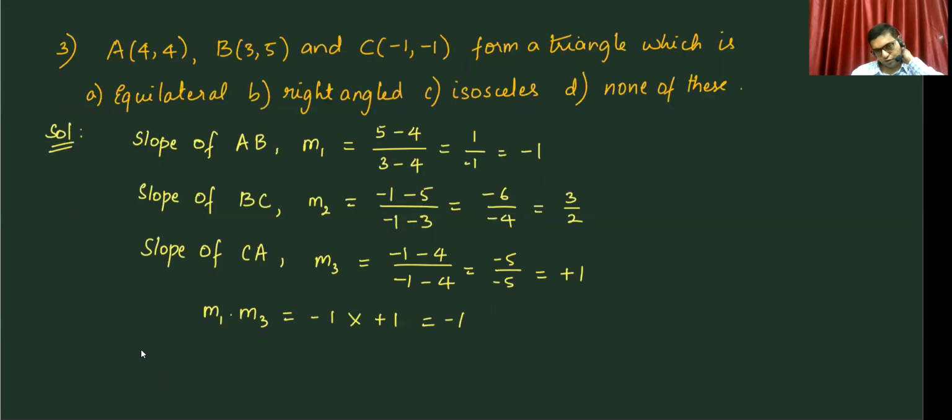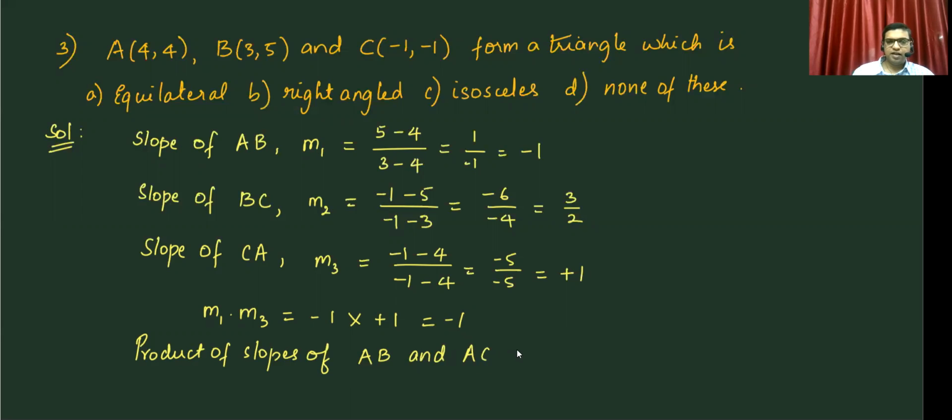The product of slopes of AB and AC or CA is minus 1, which implies AB is perpendicular to AC, which implies angle A is equal to 90 degrees. Correct?